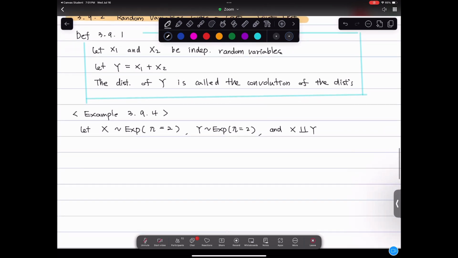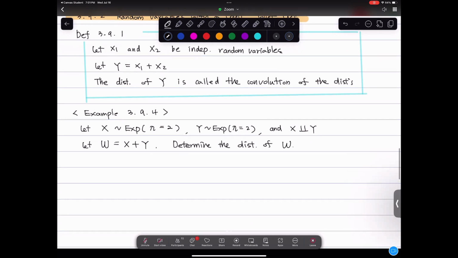I'm going to use W, since Z is kind of confusing. Let's use W as the sum of these two random variables, X plus Y, and determine the distribution of W.